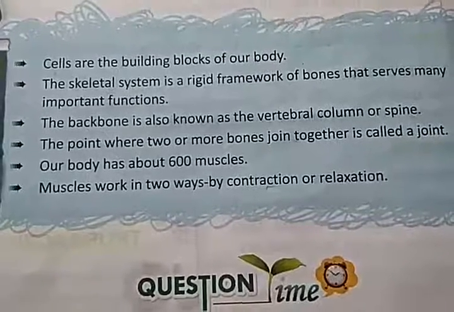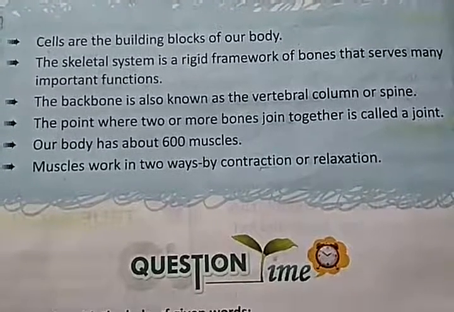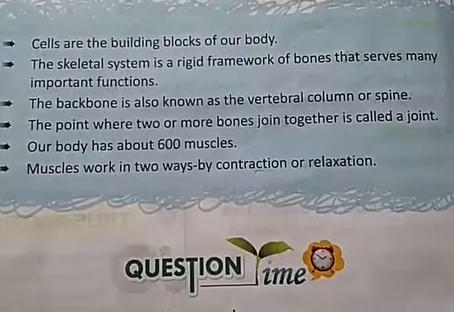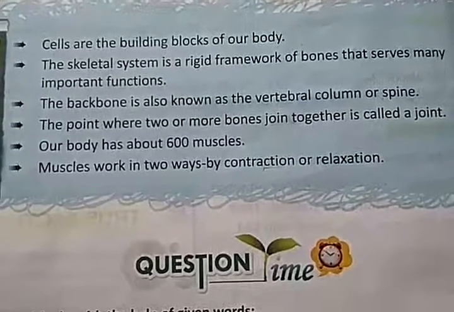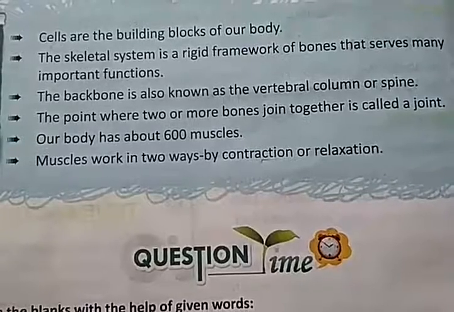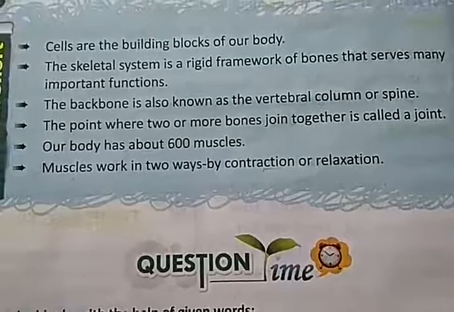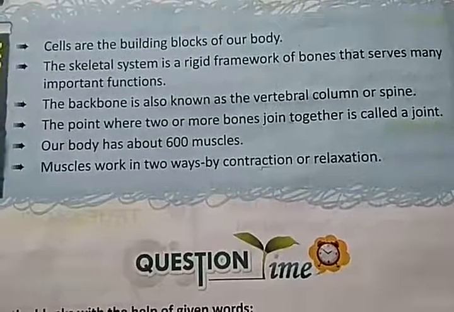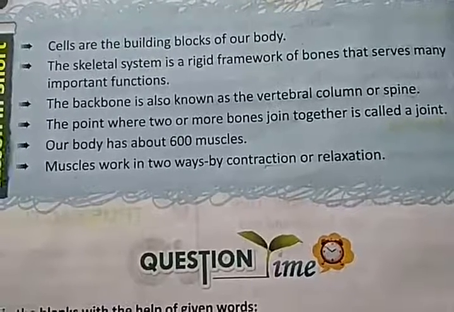Fourth point, the point where two or more bones join together is called a joint. Next point is our body has about 600 muscles.